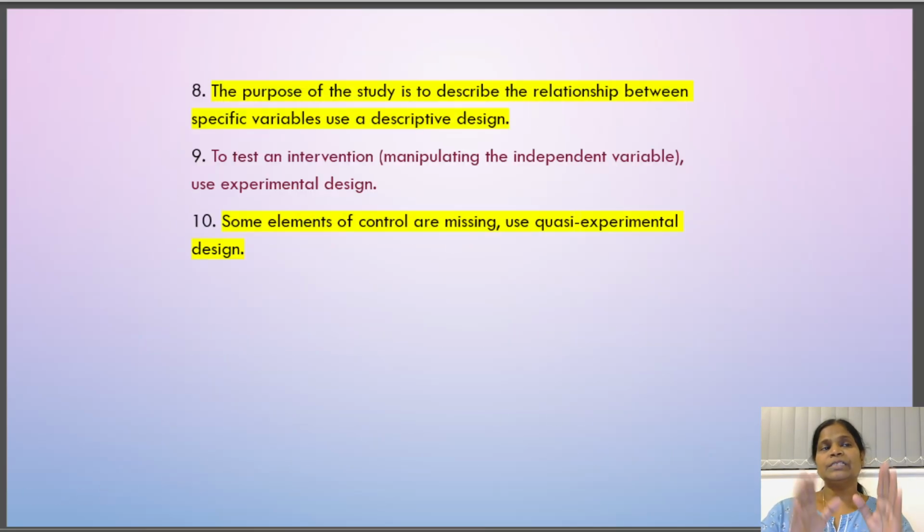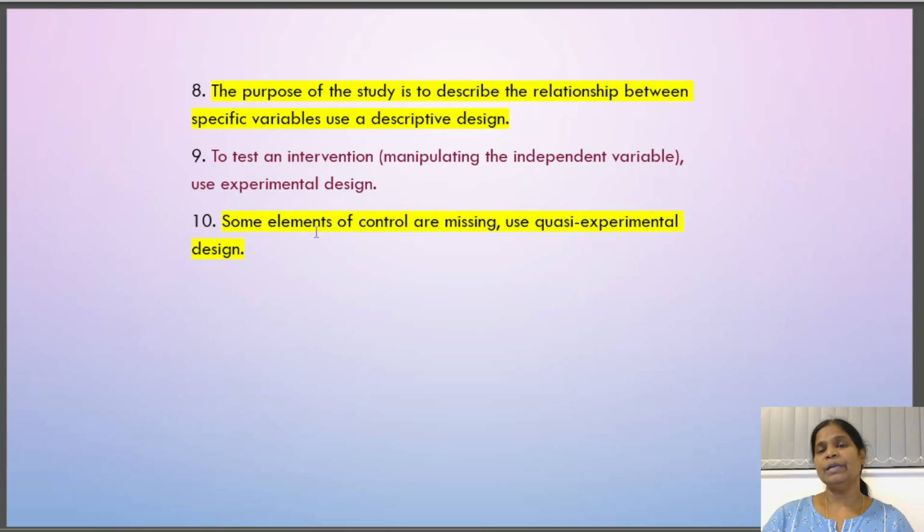If the purpose of the study is to describe the relationship between specific variables, then you use descriptive design. If your intention is to test how an independent variable is affecting the dependent variable, then you go for experimental designs.